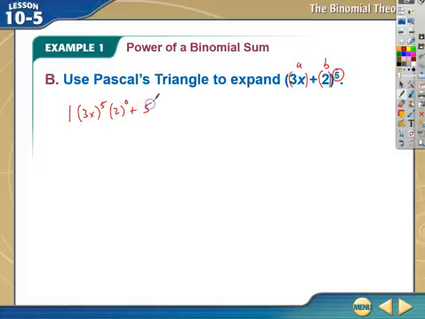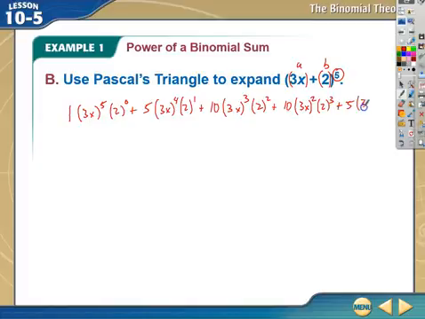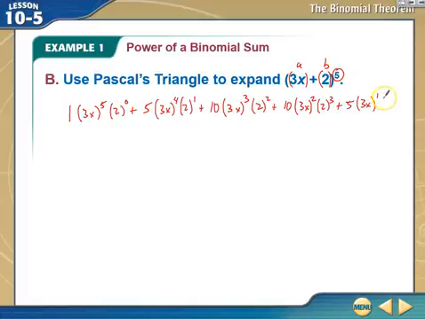Plus 5 3x to the 4th, 2 to the 1st, plus 10 3x to the 3rd times 2 squared, plus 10 3x squared, 2 cubed, plus 5 3x the first, 2 to the fourth, plus, still running out of room, 1, 3x to the 0, 2 to the fifth.